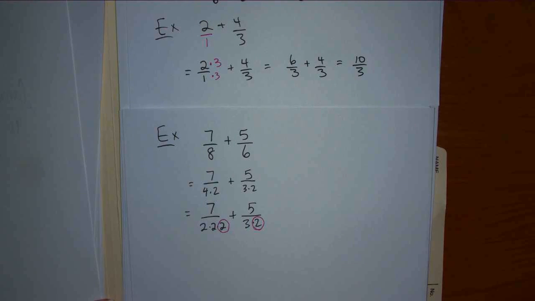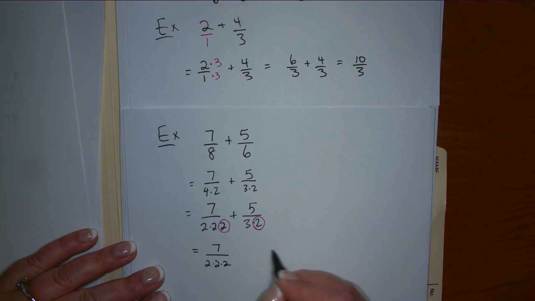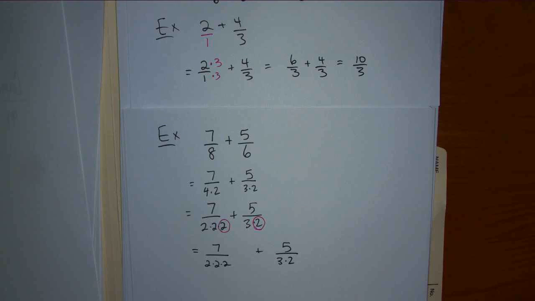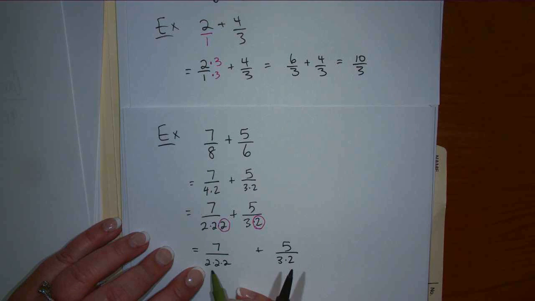Now we want them to be the same, but they both already have a 2. So that one's okay. So kind of ignore that one for now. If we want them to be the same, one of these 2's we're ignoring. What do we need to add in so that they have the same thing? So what you need to say to yourself is, this first fraction has 3 2's.